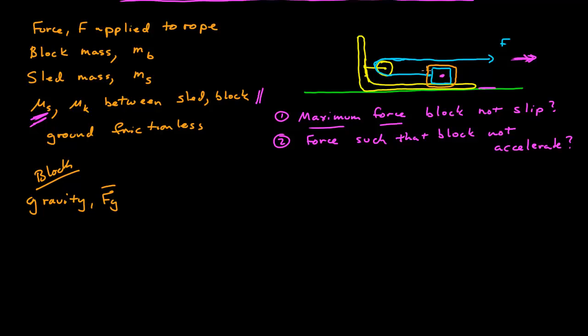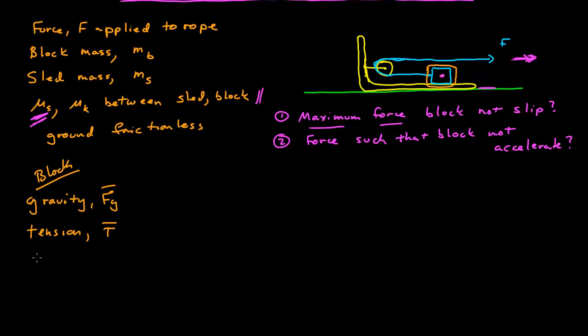So there's this string which is attached to it. So we use our string model of tension. There's some sort of tension force on the block. And then there's the contact force between the sled and the block. Okay, and so there's friction involved that's holding it there.